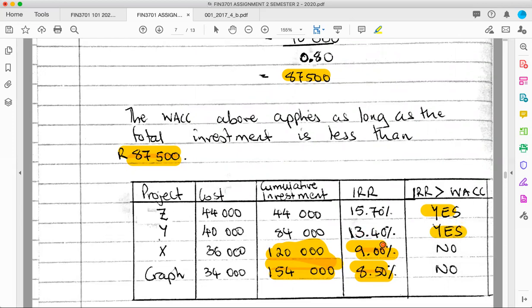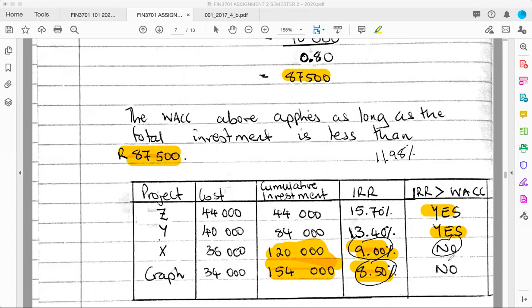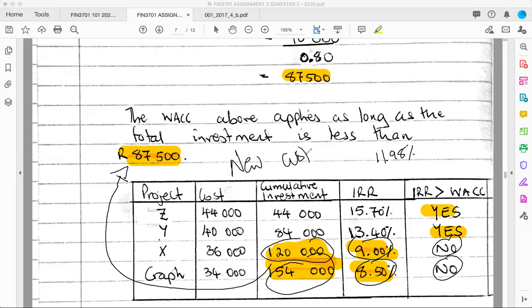But even if, and this is really important, it wasn't the case here, but even if we had obtained an IRR which was greater than 11.98%, we would still say no, because our cumulative investment is more than the breakpoint of equity.